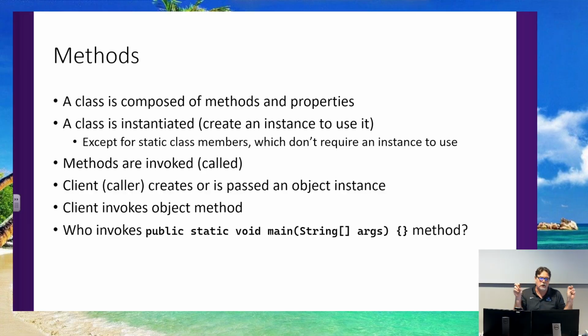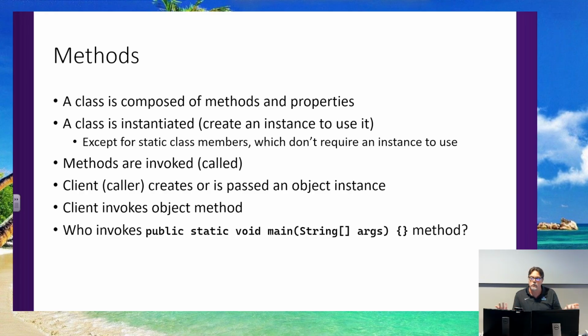I can theoretically have an animal class, but until I create a new instance of an animal class, I can't actually call the method or look at the properties of it. Make sense? So it's called instantiating an object. It's creating a new instance of a class, which also begs the question, can I have multiple instances of it? Yes, you can have multiple instances of it.